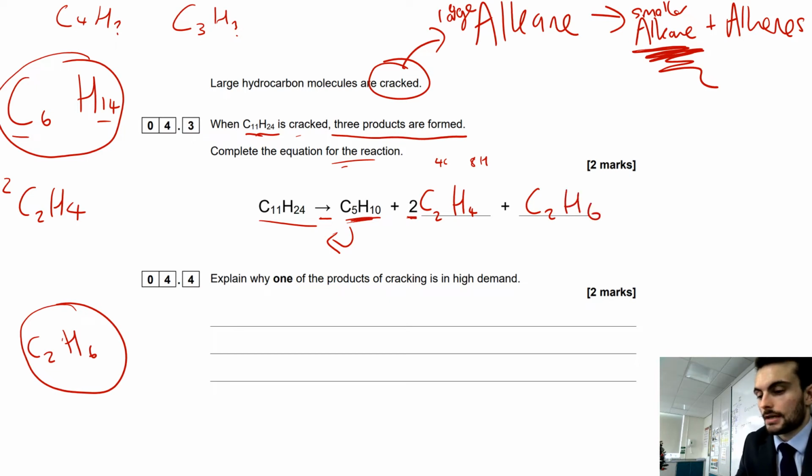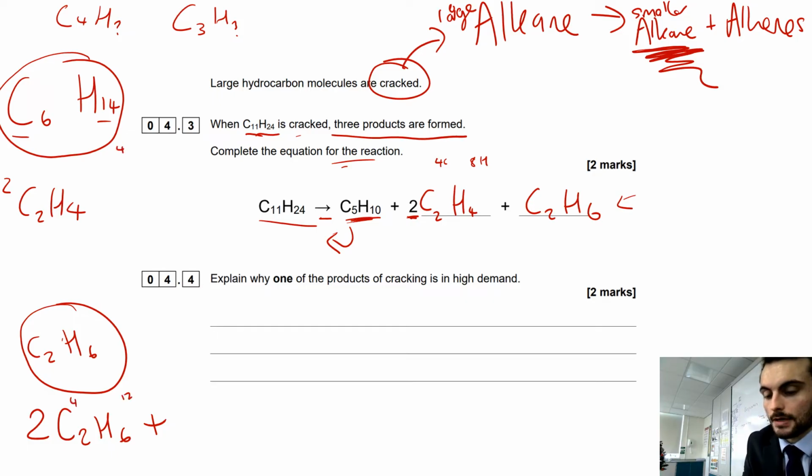You could also try it the other way: what if we had 2 times C2H6, so 2 times ethane? Does it work? What have we got left? 4 carbons and 12 hydrogens. That would leave us 4 hydrogens, H4, and 2 carbons.